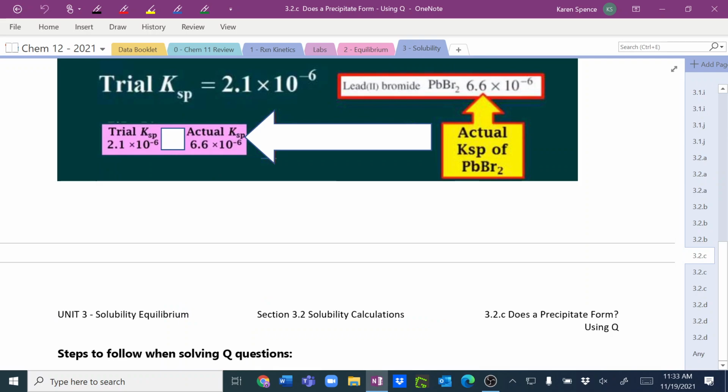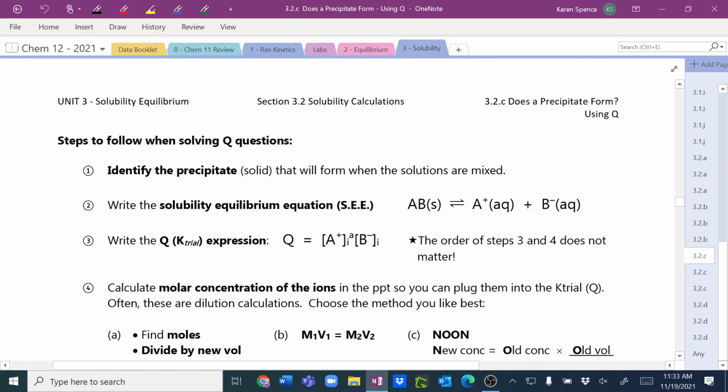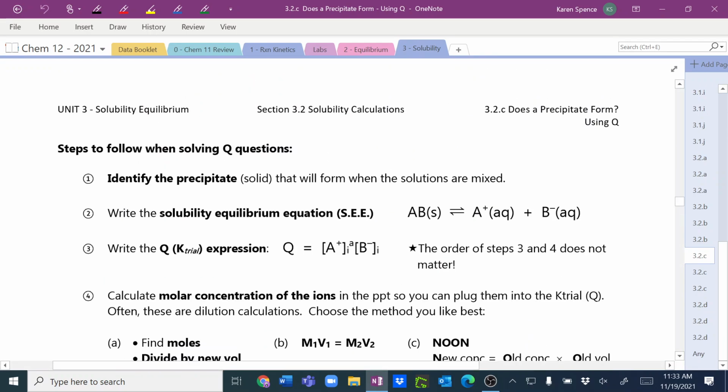But we're going to just keep going. These are Q questions. Actually, should we watch the video? I'll leave it for you for the weekend.